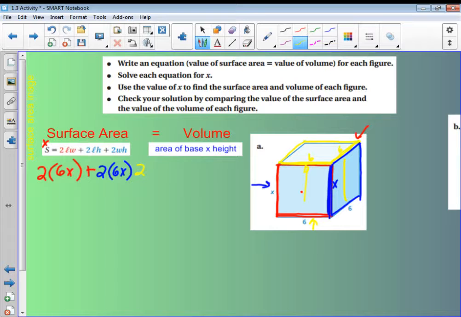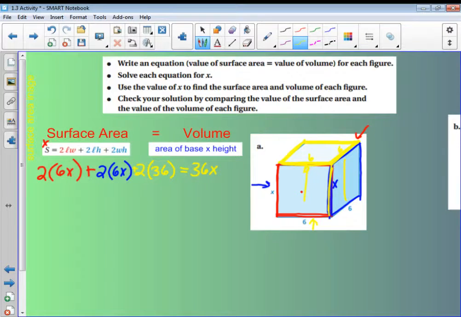So 2 times 36 is on the surface area side. For the volume, it's the area of the base times the height. The base is the same as the top; usually I think of it as the bottom, but here I can see the top, and they're the same thing. So it's 36, the area, times the height, which is x, so it's 36x.